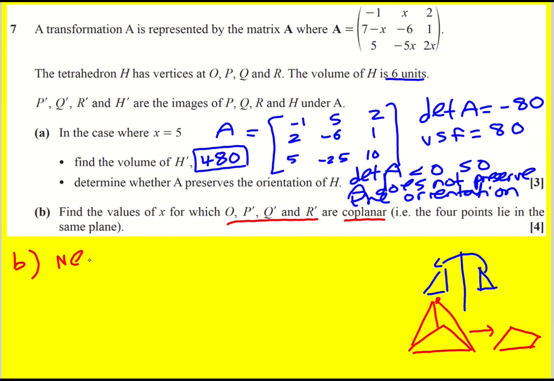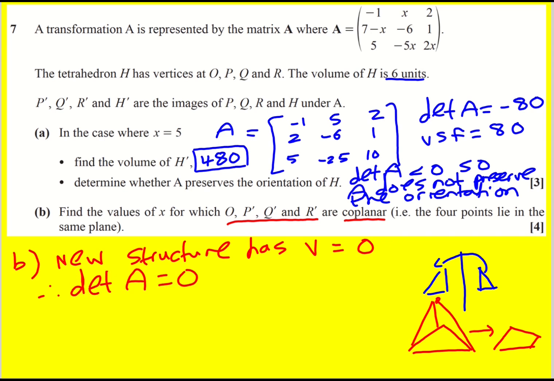So this new structure has V equals 0. And remember that the determinant was the scale factor. It follows that the determinant of A must be equal to 0.